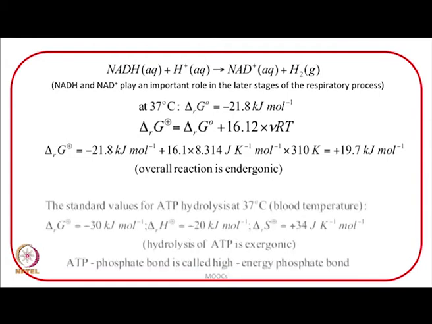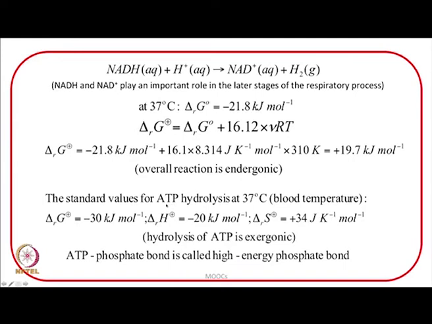Now let us take another example for ATP hydrolysis. This is an example of an exergonic reaction. Again, let us consider the blood temperature, which is 37 degrees Celsius. The calculations suggest that the biological standard reaction Gibbs energy is minus 30 kilojoules per mole.